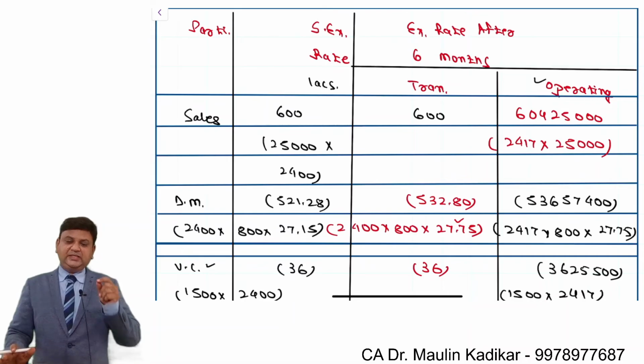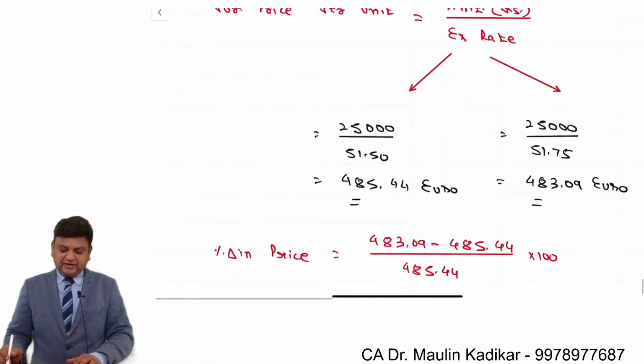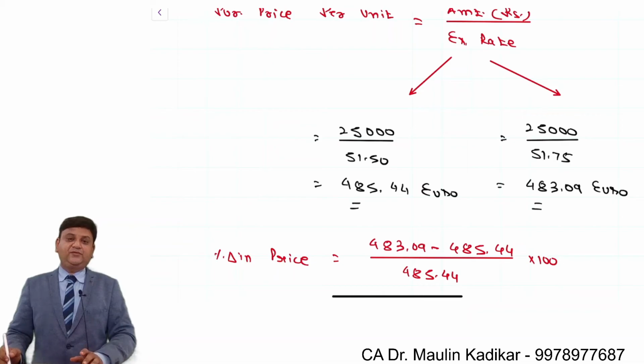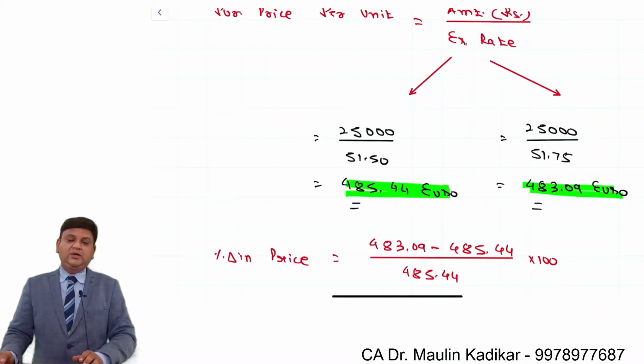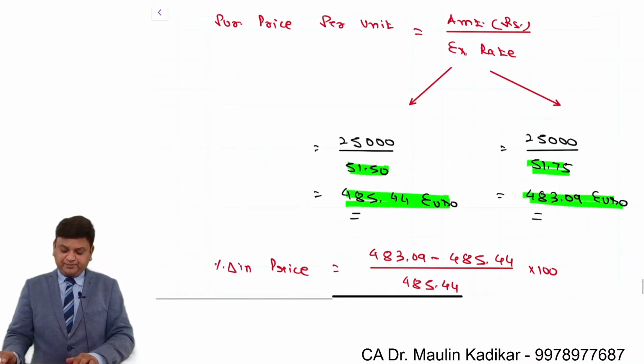What we have done, I just repeat that quickly. First of all, we computed the price at which they can buy the product in their currency. From the German company's point of view, the price at which they can buy the product is calculated first, in euro currency. We can observe that the price decreases for them because the exchange rate is changing favorably for them.